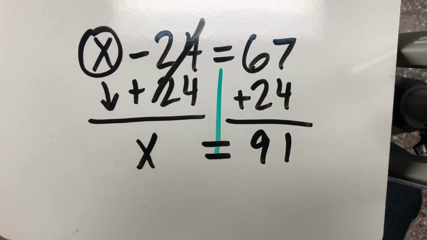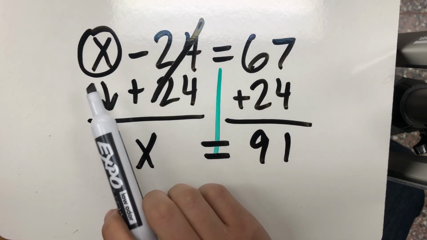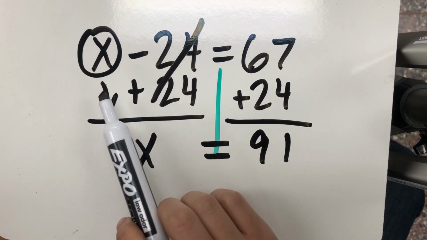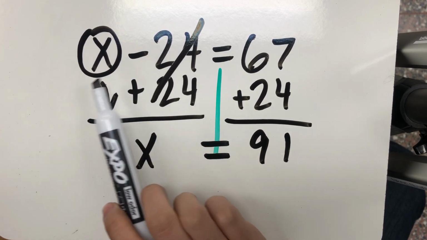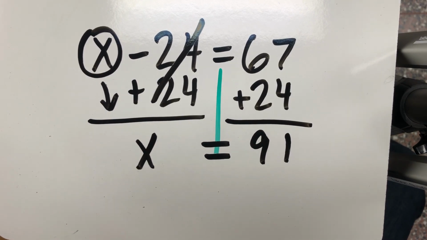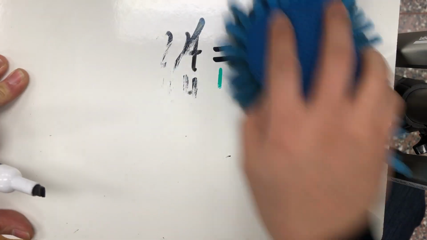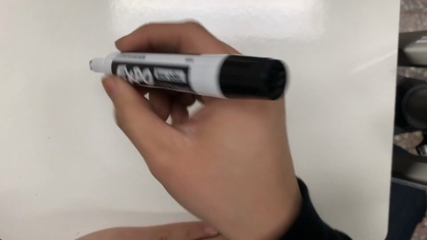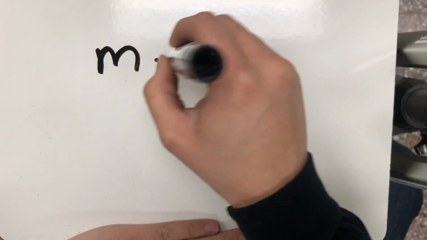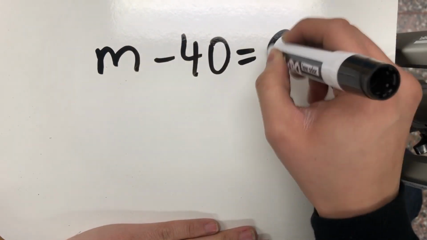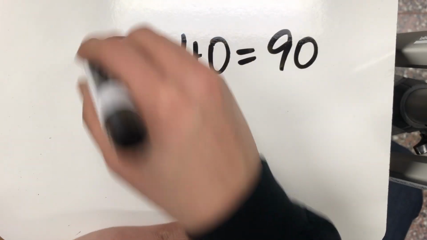So you're doing inverse operations with whatever is next to this x, whatever is on the same side of the equal sign with the variable. M minus 40 equals 90. So I'm solving for m.